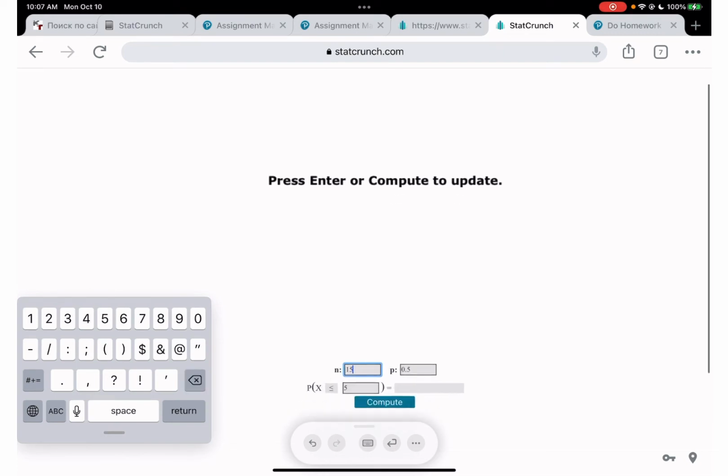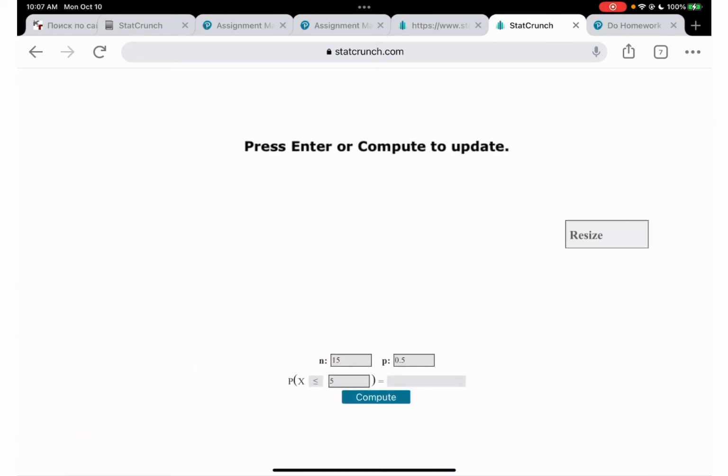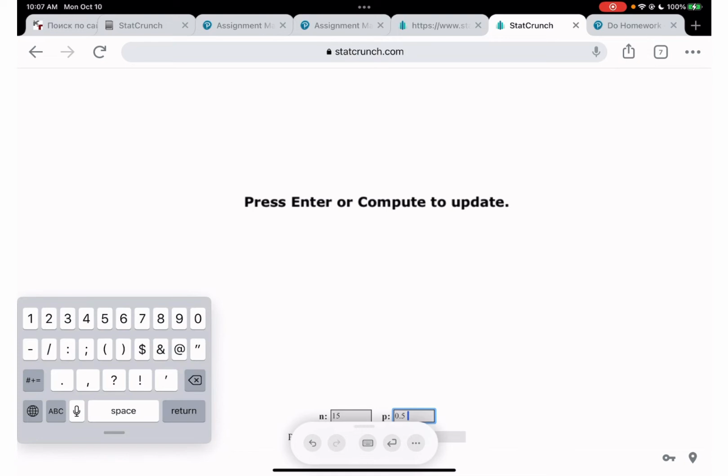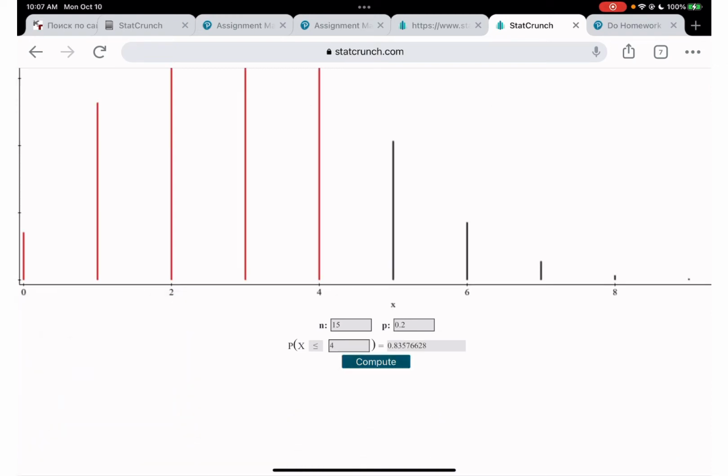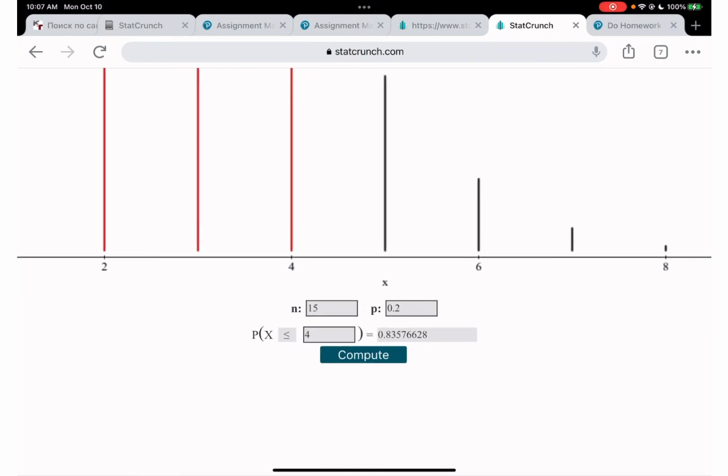Here we put 15, here we put 0.2, and x I put 4. Compute, and I got how much? Let me write down. Here it is, 0.83. Let me write down all of the decimals and then I'll round it: 8357.